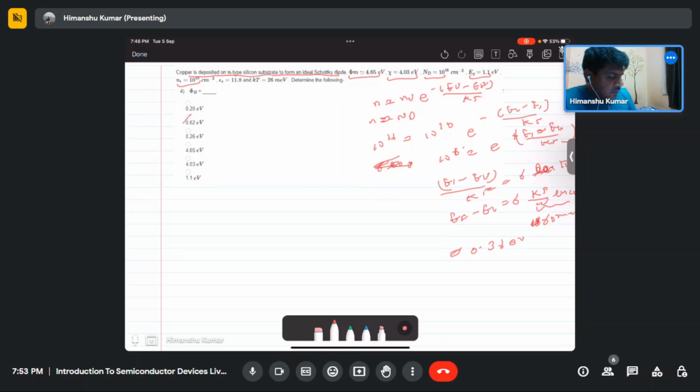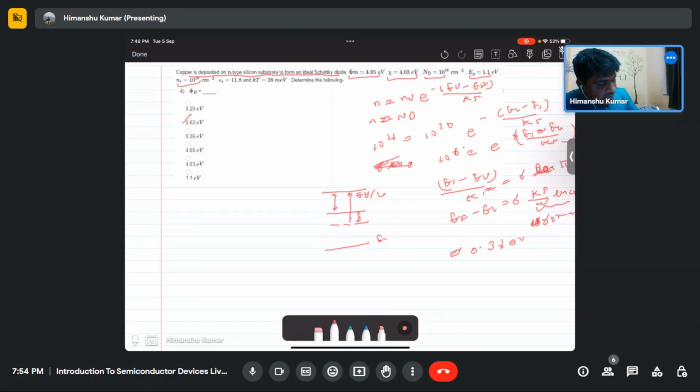To calculate Ec minus Ef: basically this is Ec, this is Ef, this is Ei, this is Ev. Ei is approximately at Eg by 2. We have calculated Ef minus Ei, so if we subtract it from Eg by 2, then we can find Ec minus Ef.